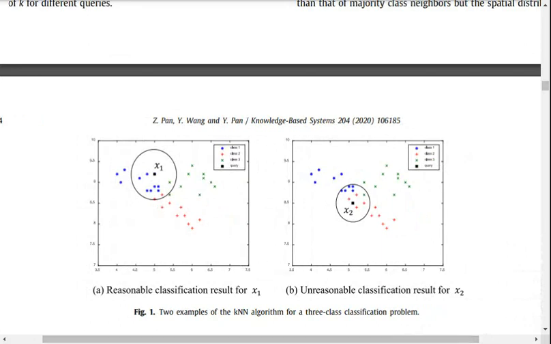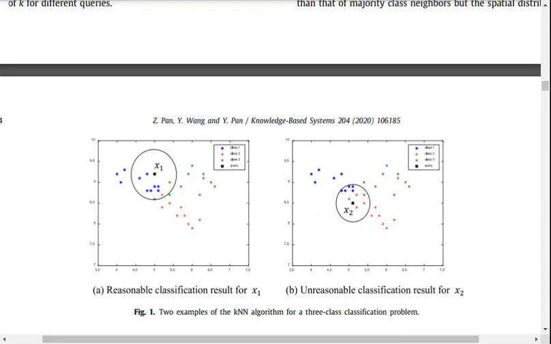Okay, if you can see this example, the blue points are most of the instances near the query instance, and here is X2. Blue is the most common class, but the reds are just a little less than the blue points.